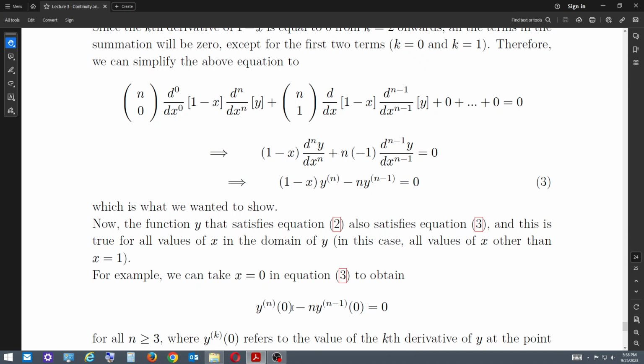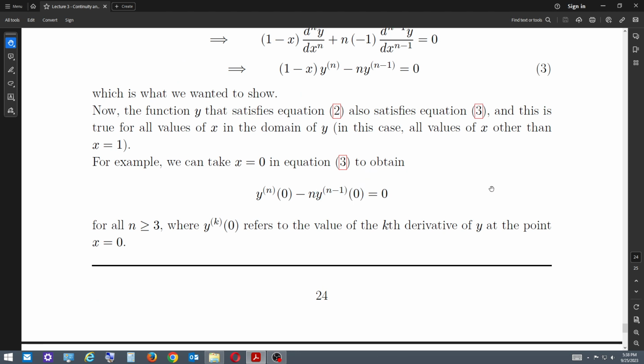You would represent that like this. This is the nth derivative of y at the point 0. Similarly, this is the n minus 1 derivative of y at the point 0. That's important to note because you will sometimes see things like this.